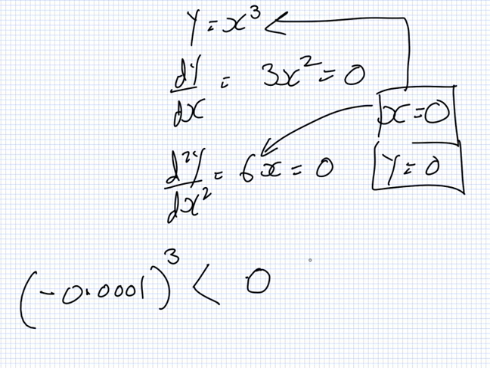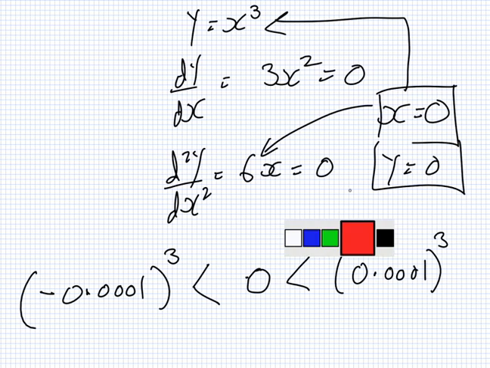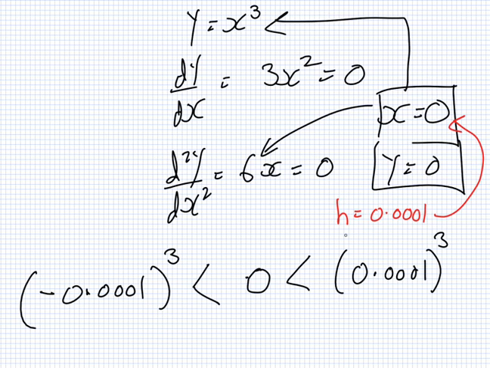And then I want to check if this is smaller than when I move a little bit to the right. So if I add a very small number to x, what do I get? It would be something like 0.0001 cubed. So all I'm doing is I'm using h as 0.0001, and I'm adding it to the x, and I'm subtracting it from the x, and I'm using those two numbers back in here.